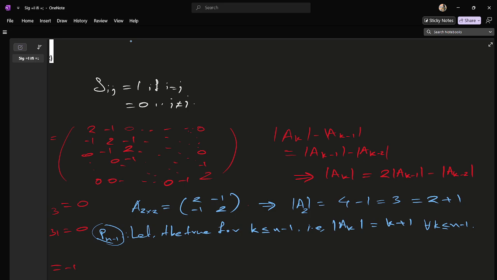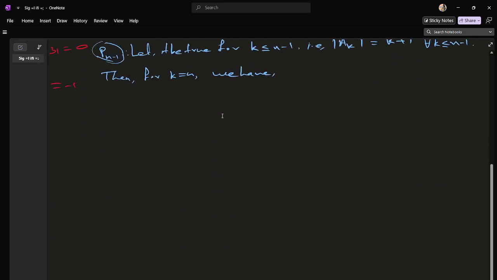Then what will happen for k equals n? Now we are going to the induction step. We have det A_k, which is equal to 2 det A_{k-1} minus det A_{k-2}.